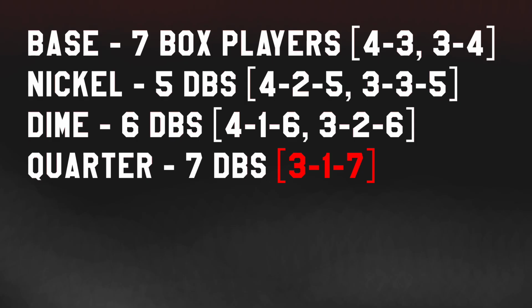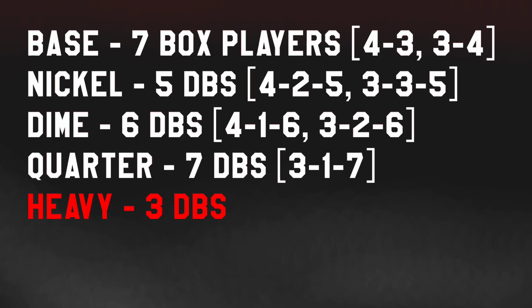And then reversing all the way back, defenses with only 3 defensive backs are considered heavy defenses or run defenses, and are typically only used in short distance or goal line situations where we're selling out more for the run game and just kind of blanketing off everywhere else.